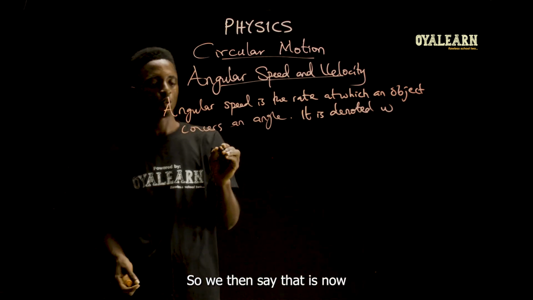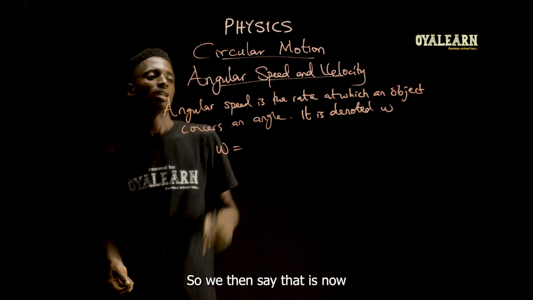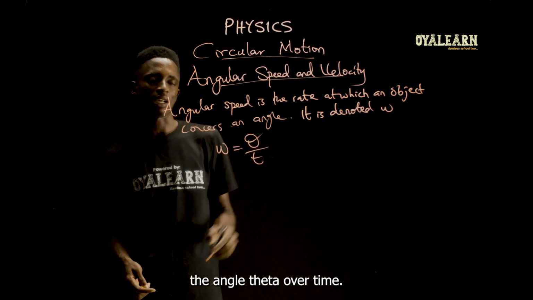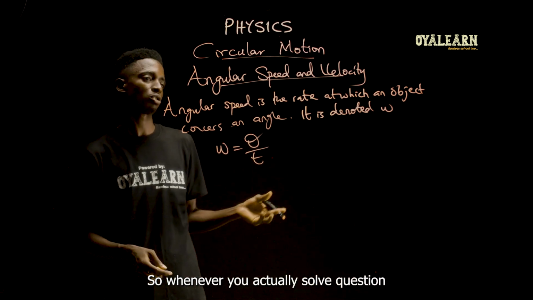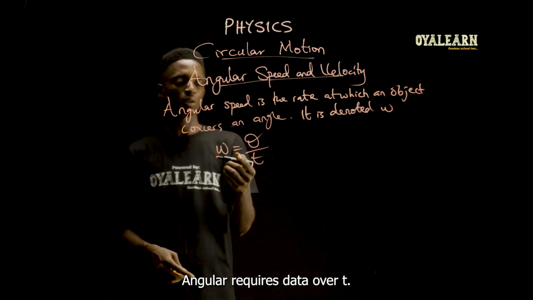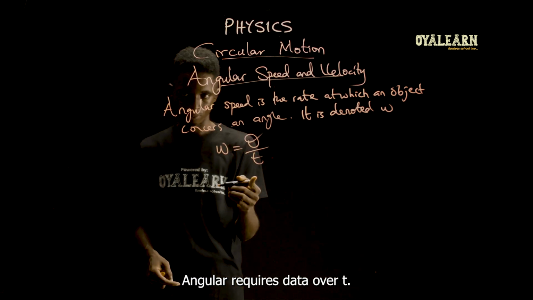We then say that it is the angle theta over time. So whenever you're asked to solve a question involving angular speed, you can use this equation: angular speed equals theta over t.